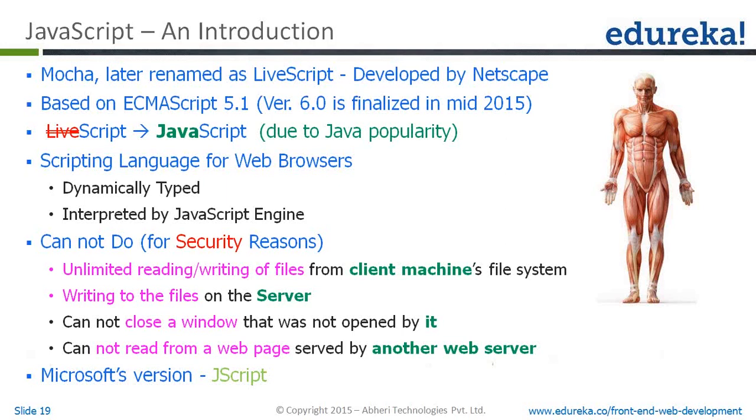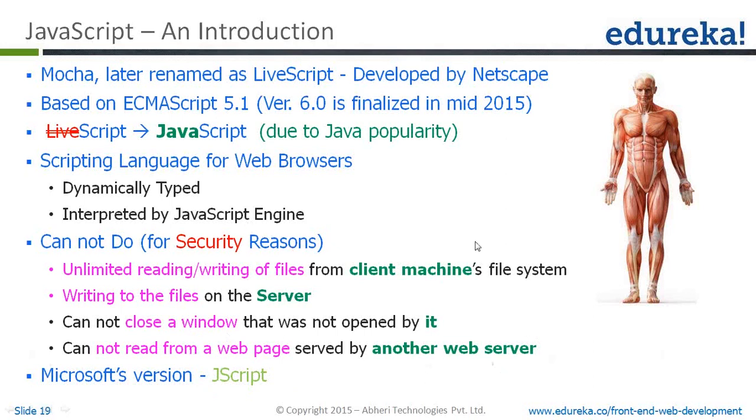One of the popular JavaScript engines on Google Chrome is called the V8 engine. On Mozilla Firefox, it's called SpiderMonkey. The same ECMAScript implementation by Microsoft is called JScript.